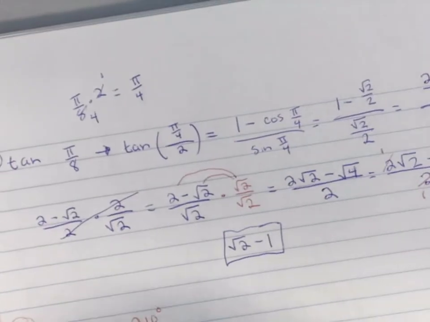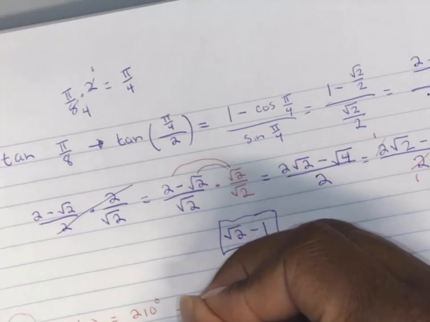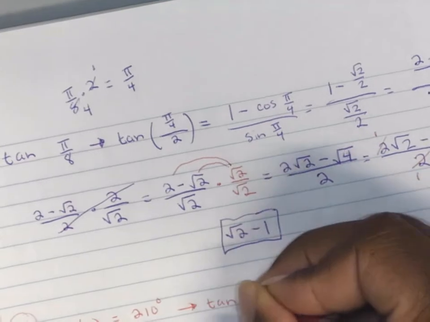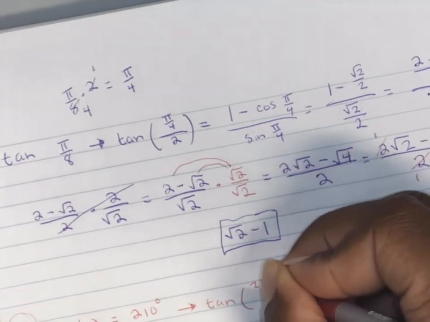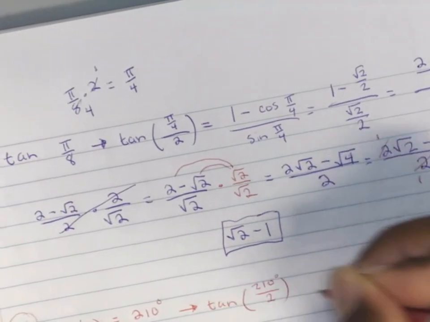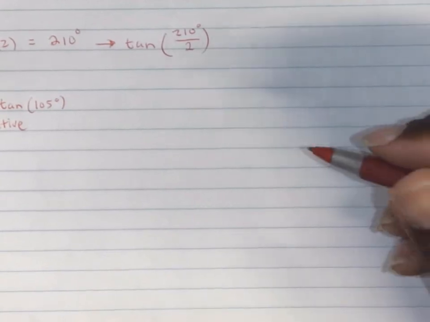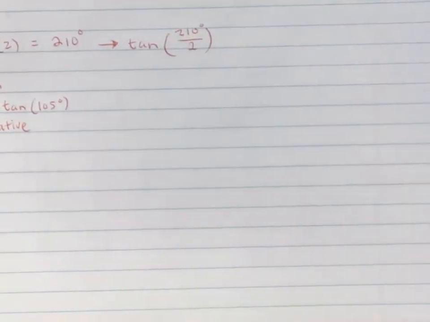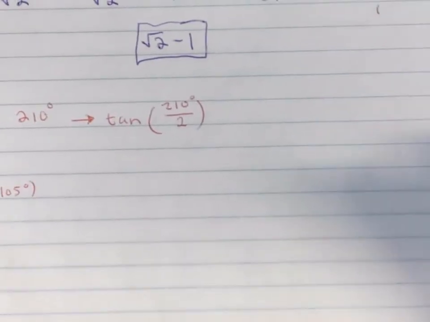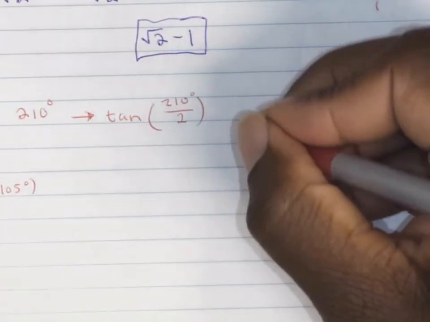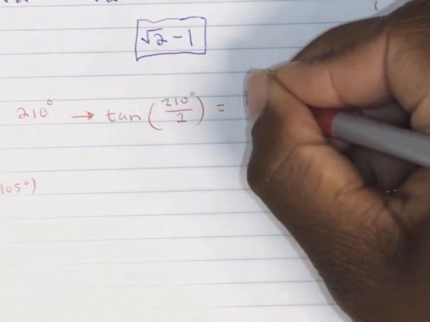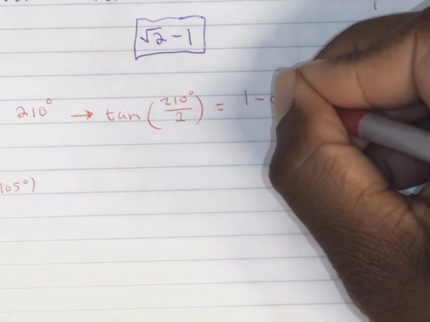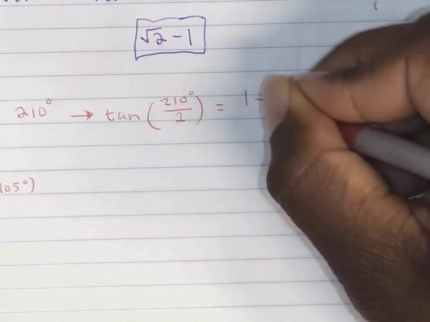All right, so what we're doing is tangent of 210 over 2. So I follow the formula. I got 1 minus cosine of 210 divided by sine of 210.